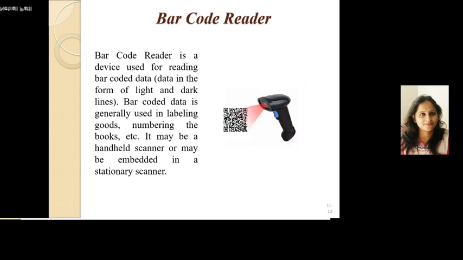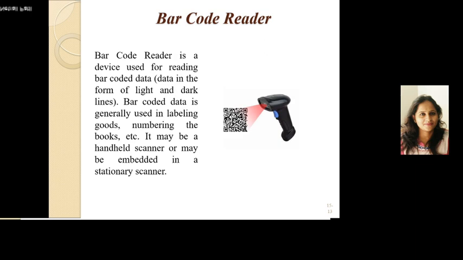Next one is barcode reader. Barcode reader is a device used for reading barcoded data in the form of light and dark lines. Barcode data is generally used for labeling goods, numbering the books, etc. It may be a handheld scanner or may be embedded in a stationary scanner.